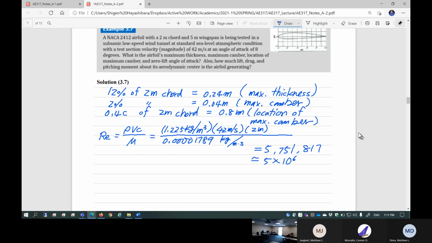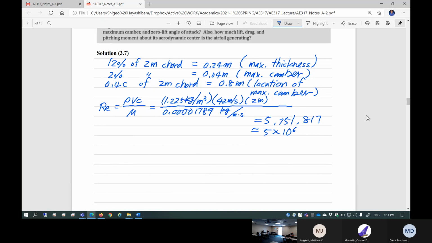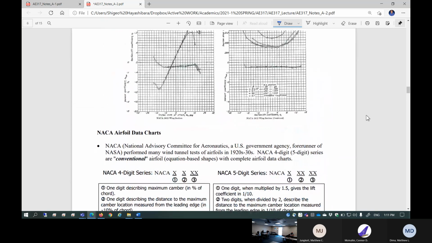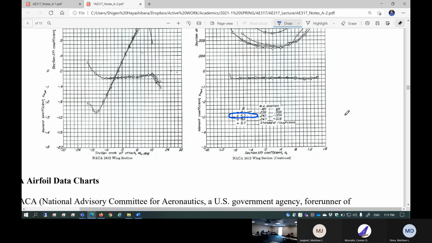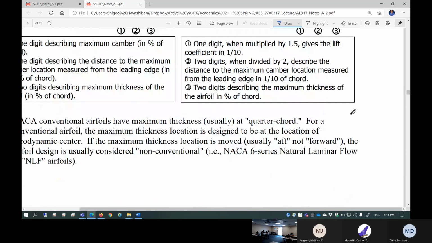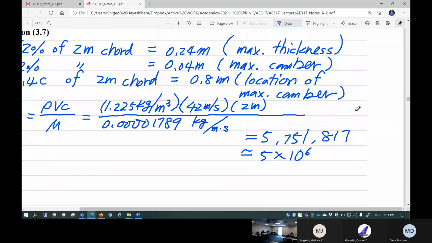So obviously you're going to choose a particular data set out of this. You're going to pick the closest possible data set. So you're going to follow through with the 5 times 10 to the 6 Reynolds number data.